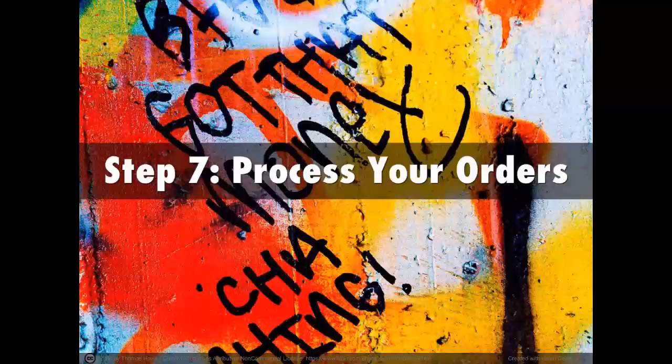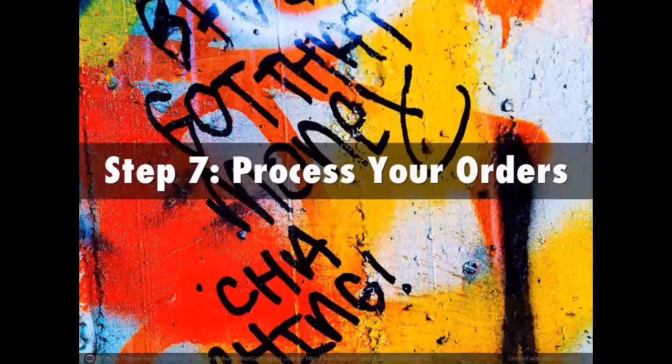Then the next step is to process your orders. Now, the thing about this is I mentioned early on that I don't know anybody who has gone through this entire system and hasn't gotten at least a sale, and more counting. Because when I first started marketing online, in 2006, when I became full-time, someone told me that the amount of money that you make is directly correlated to the amount of buy buttons that you have online.